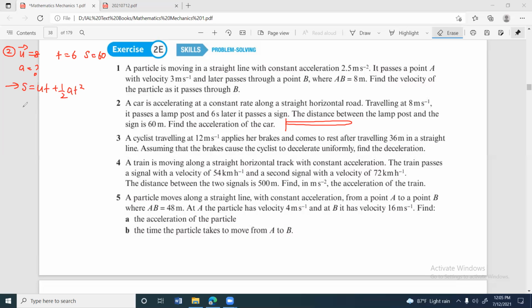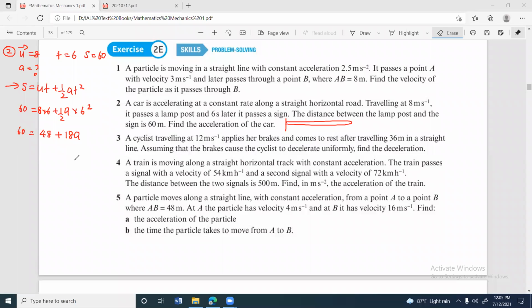So S is 60, U is 8, T is 6, sorry, I made a mistake. So 8 into 6 plus half into A into 6 squared. So it turns out 60 equals 48 plus 18A.